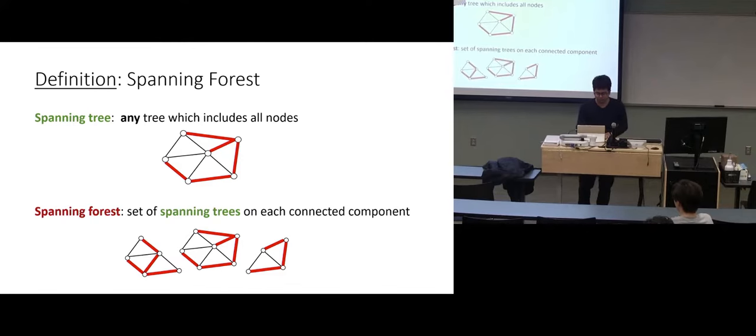For example, if you have this graph, then the red subgraph is first of all a tree. It contains no cycle, right? If I add this edge, then it's not a tree anymore. But this is a tree, and it contains all nodes, because every node is connected in this tree. Okay, so that's a spanning tree.